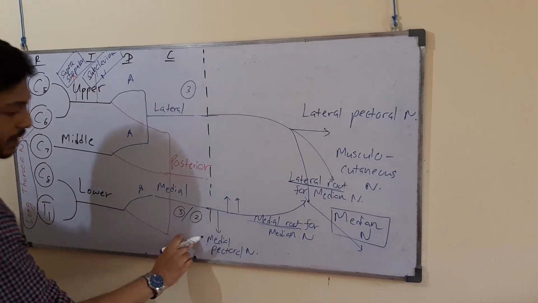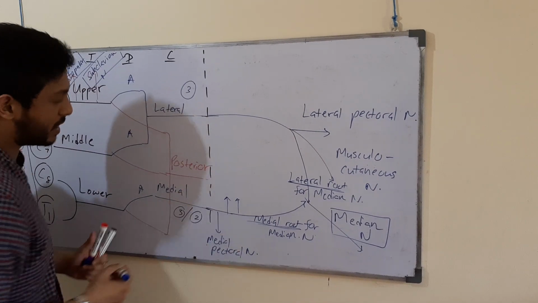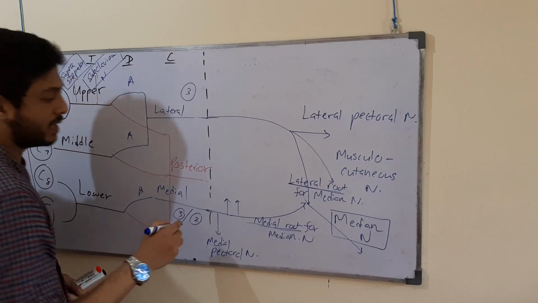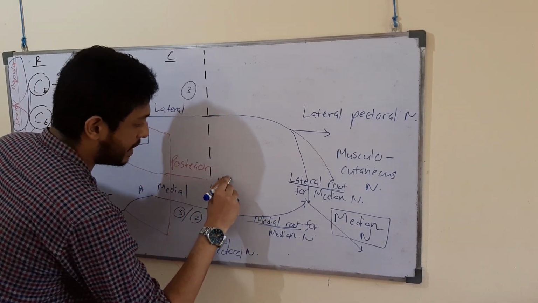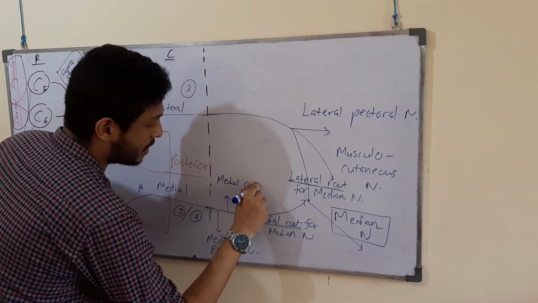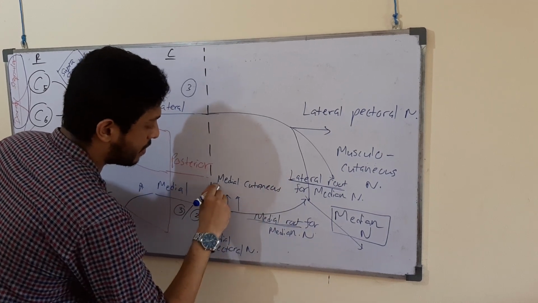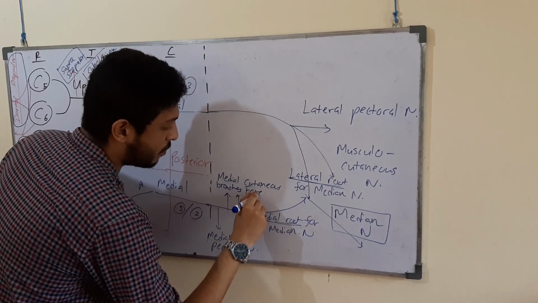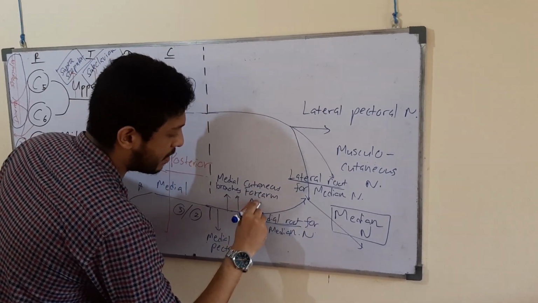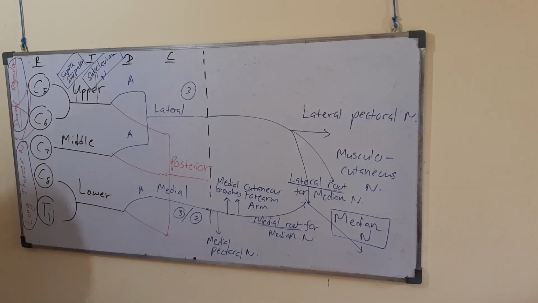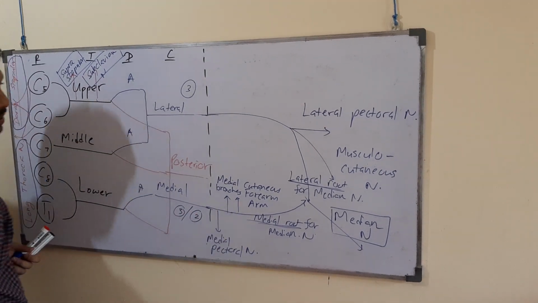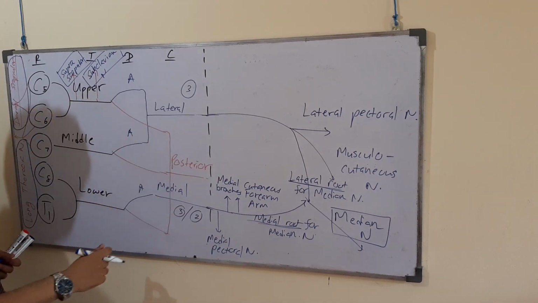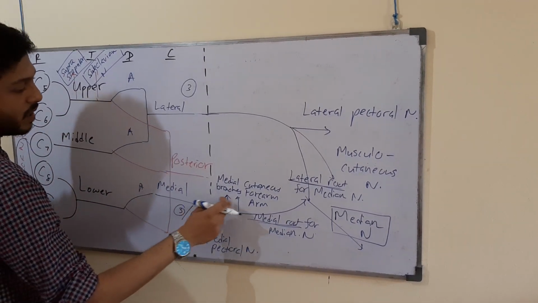So, this is the medial pectoral nerve, and the other two branches, which we should know, will be actually cutaneous branches, right? We call it the medial cutaneous branches for forearm and arm, right? So these two branches usually go on to innervate the cutaneous, which means the skin of the forearm and arm.